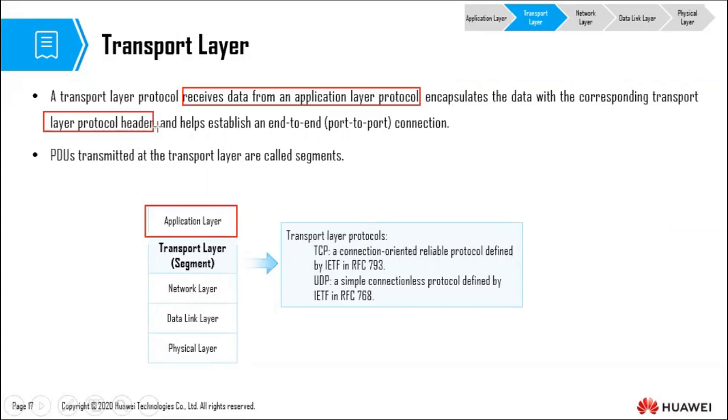So it adds a header. Then it helps to establish an end-to-end, what we are calling a port-to-port connection. So the PDUs transmitted at this layer are called what? They're called segments.